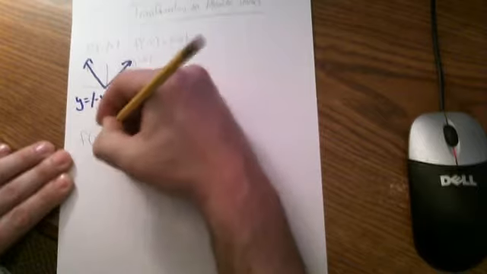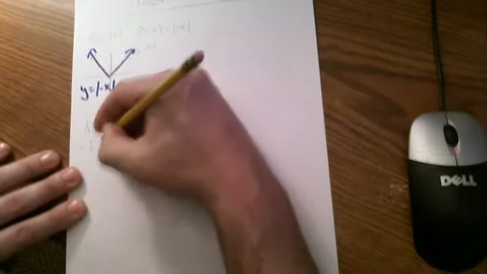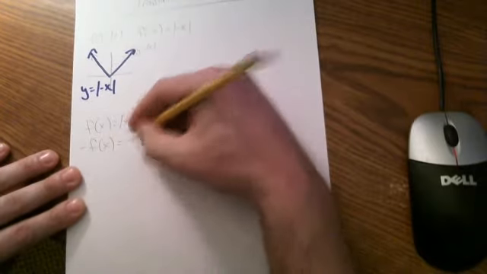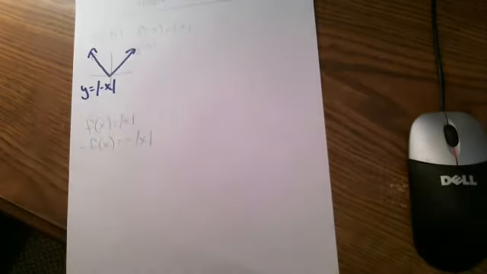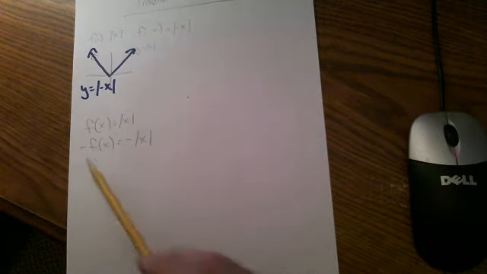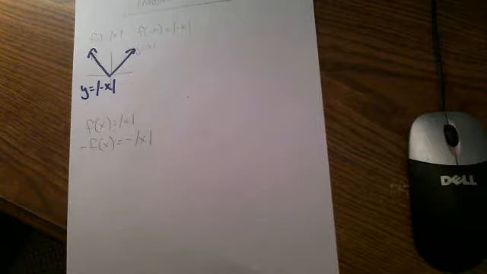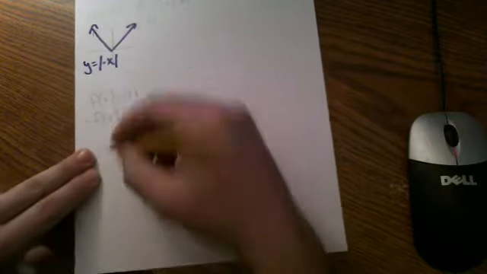If we have f of x equals absolute value of x again, what would happen if we had negative f of x? Well, that's just asking me to put a negative in front of my function. Using function notation, I should be able to recognize that this is asking me to negate my y values, which means I have a reflection over the x-axis.